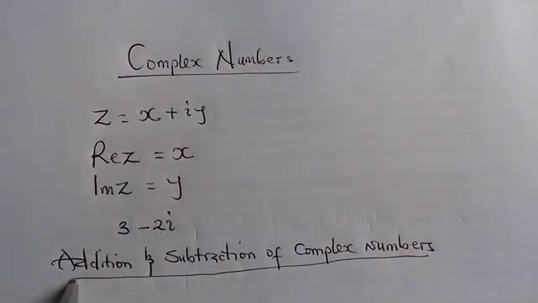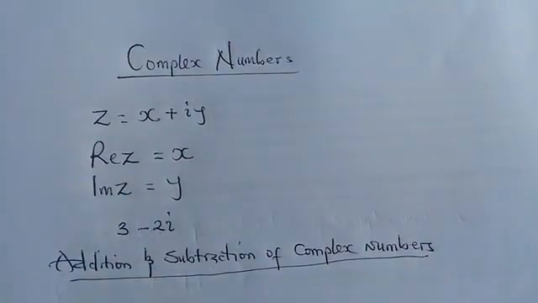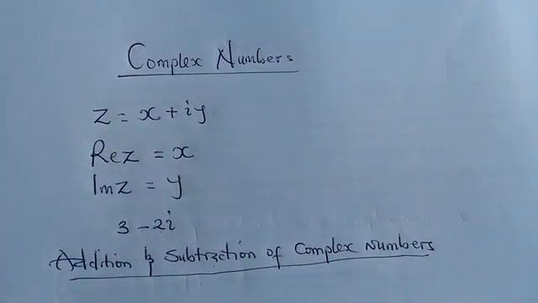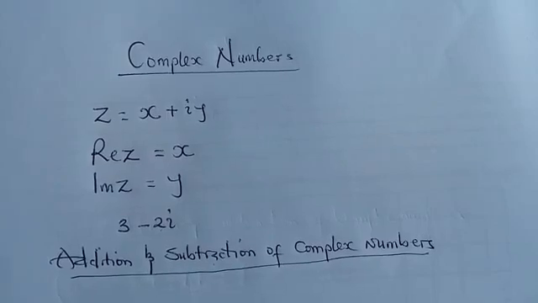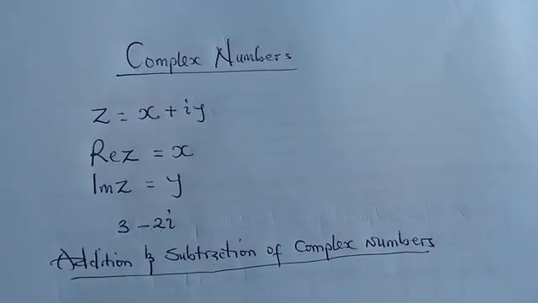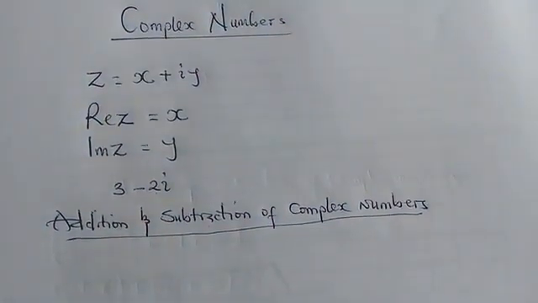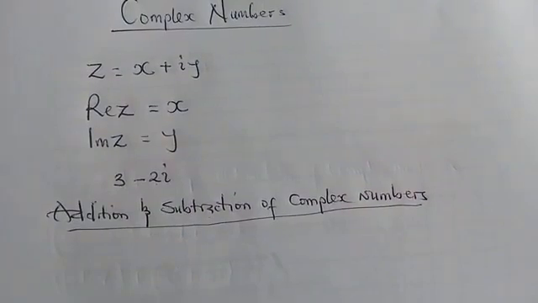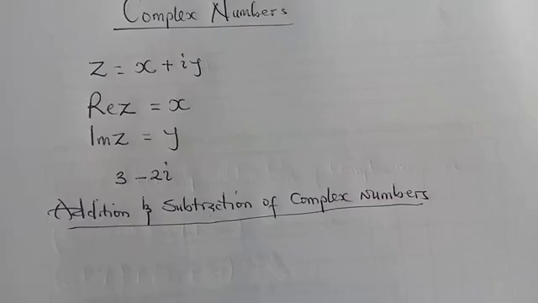To add or to subtract complex numbers, the real parts are added or subtracted together, and then the imaginary parts are also added or subtracted from each other. So when you have two complex numbers and you are asked to add them, you focus on their real parts. Thereafter, you consider their imaginary parts.